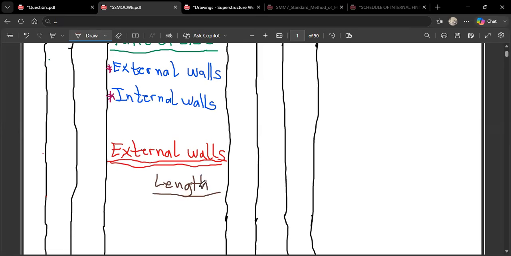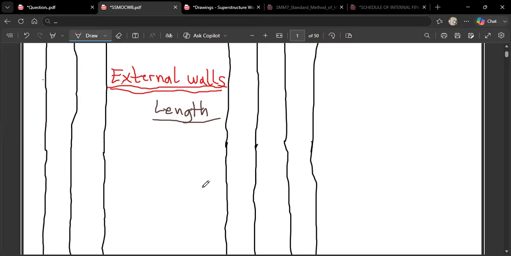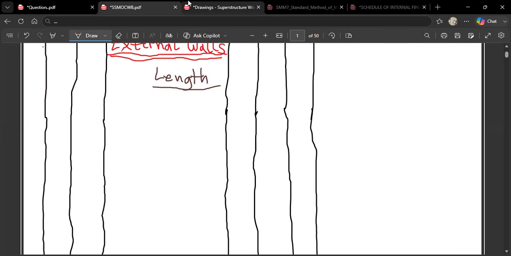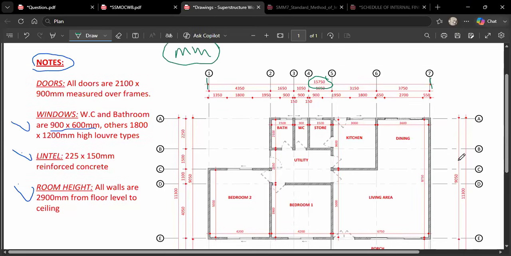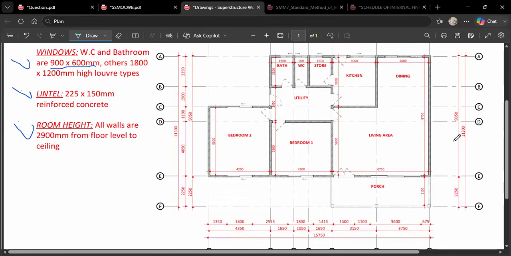For the length, we are going to consider both sides. I take this side and I'm also going to take this side too. This is a porch. This one is not a wall. This is just a porch, so we focus on the main one.